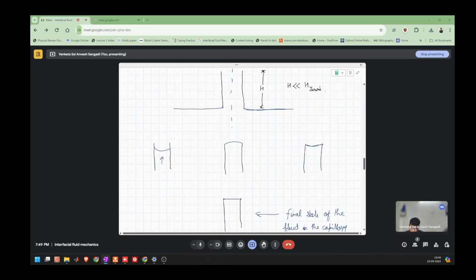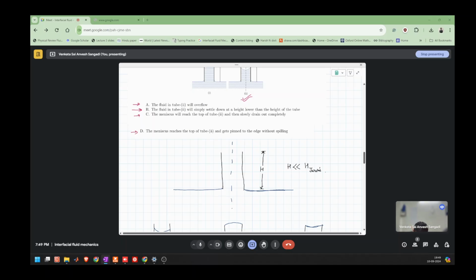So this is the final state. So the correct option here would be D. The meniscus reaches the top of the tube and gets pinned to the edge without spilling.